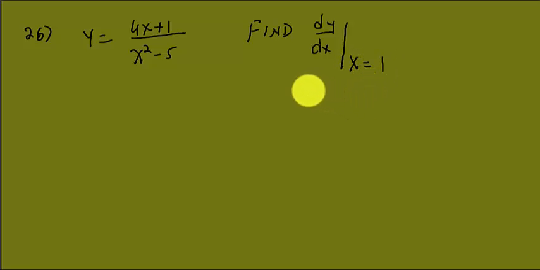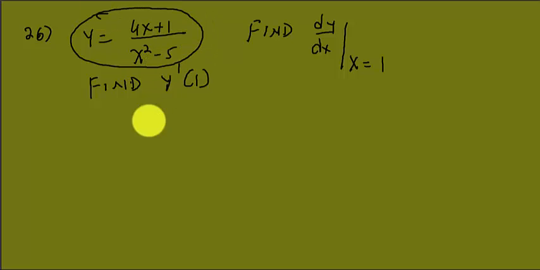First take the derivative of this, and then they want you to find y prime of 1. So let's take the derivative. You have to use a quotient rule on that one. Y prime: low d high minus high d low, over bottom squared, and off we go.